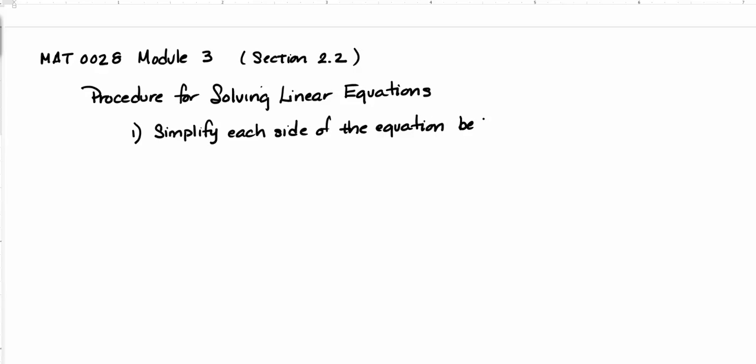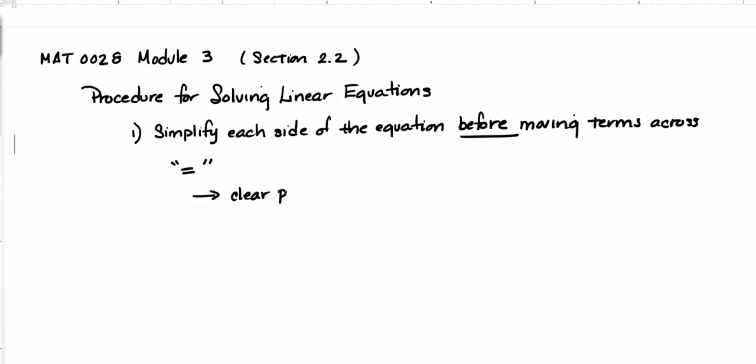And we're going to simplify each side before moving terms across the equal sign. All right, meaning if you see any like terms on one side, simplify those first. Right, so that means that we want to clear any parentheses. Right, we use the distributive property. And then we want to combine like terms.